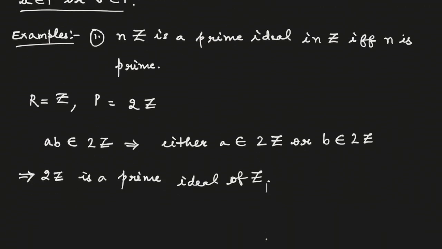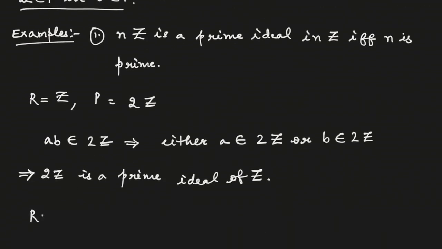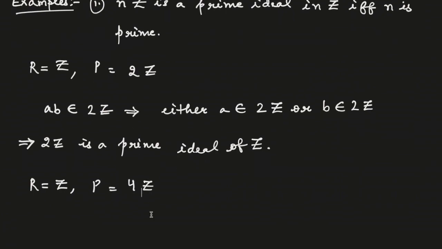Now if I take, say, the ring as the set of integers only, and the ideal as 4Z, if I pick any element from this ideal, 4 is equal to 2 into 2. This belongs to P and P is my 4Z.